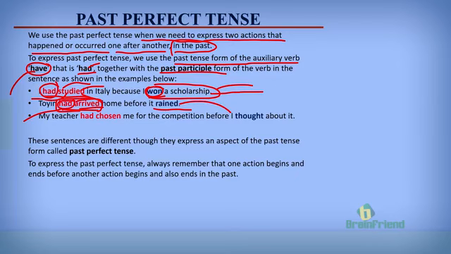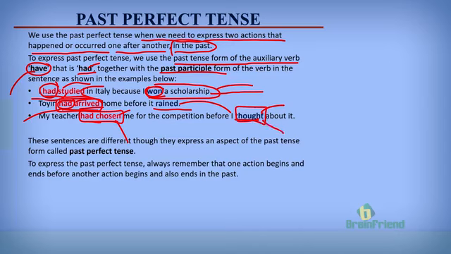The next sentence says, my teacher had chosen me for the competition before I thought about it. We also have two actions here: the action of choosing me for the competition and the action of thinking about it. So, my teacher had chosen me for the competition. This action happened before I thought about it.